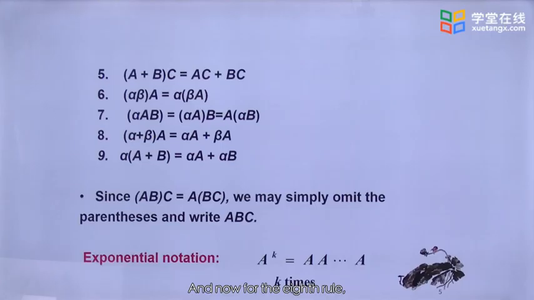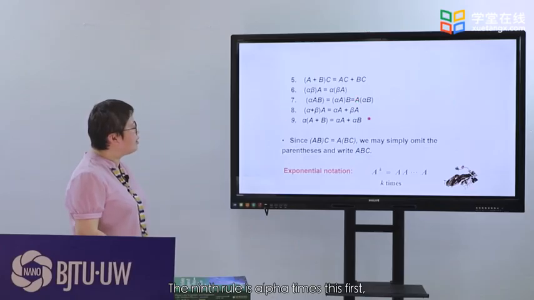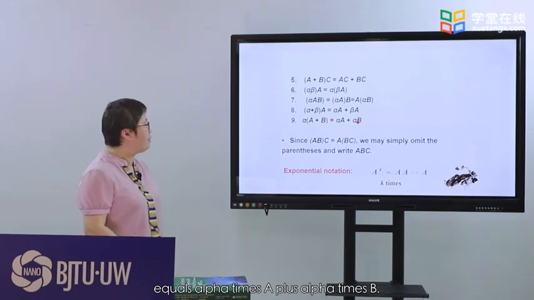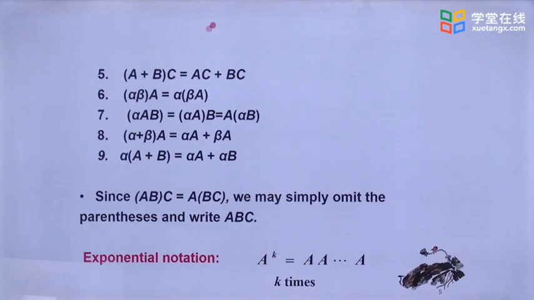And now the eighth rule is (alpha plus beta) times A, which equals alpha A plus beta A. This is in fact a distributive property. And the ninth rule is alpha times the matrix addition (A plus B) equals alpha times A plus alpha times B.